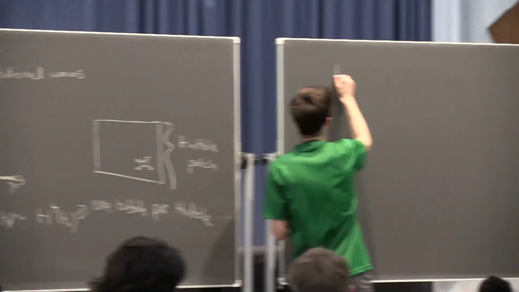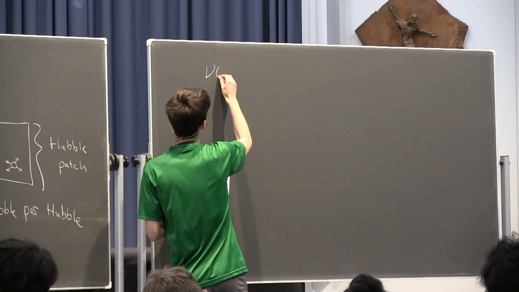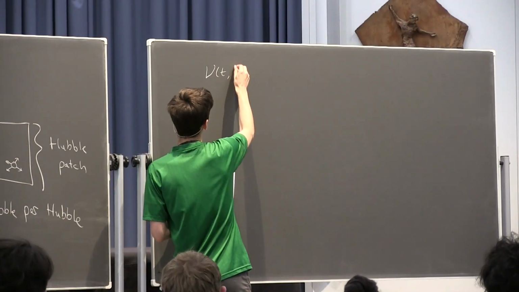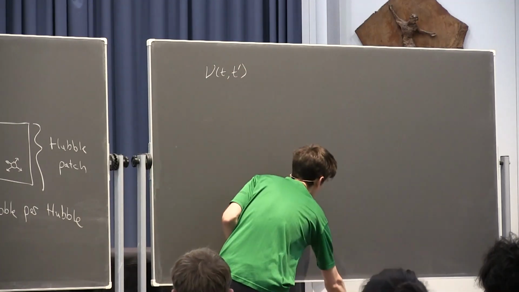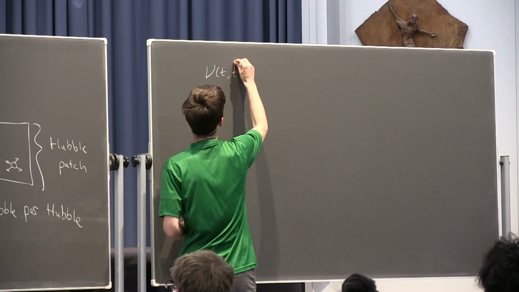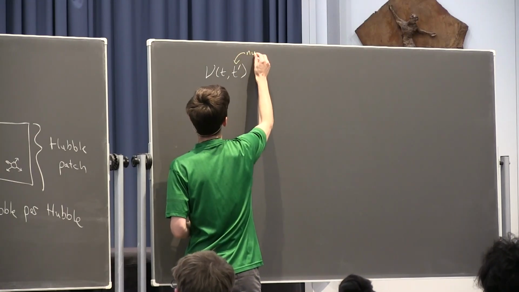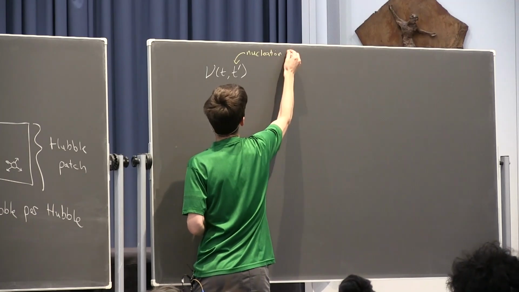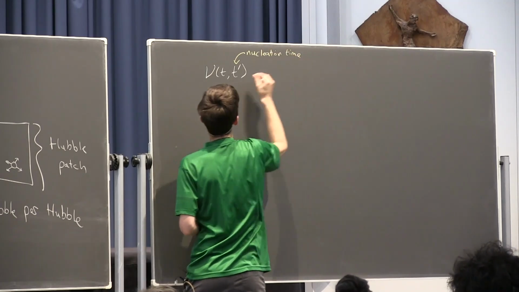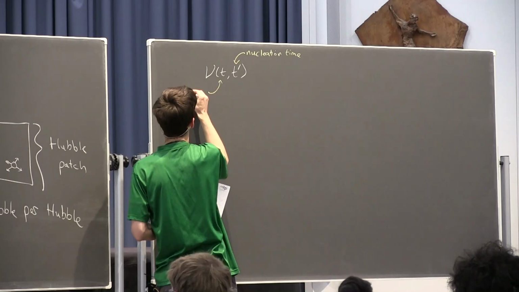The volume of the bubble at some time t, given that it nucleated at some earlier time t dashed, so this is the, let's say, nucleation time. And this is some later time.